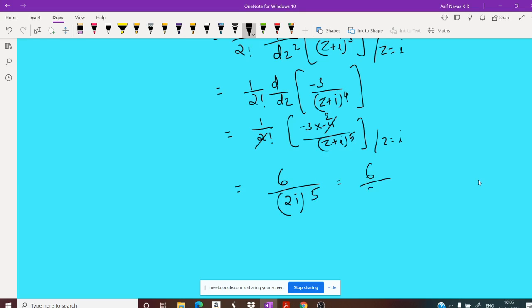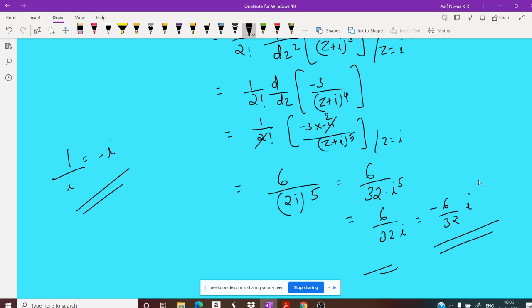This is 6 by 32 into i raised to 5, which is 6 by 32i. This is equal to minus 6 by 32i, because 1 by i is equal to minus i. So this is the residue.